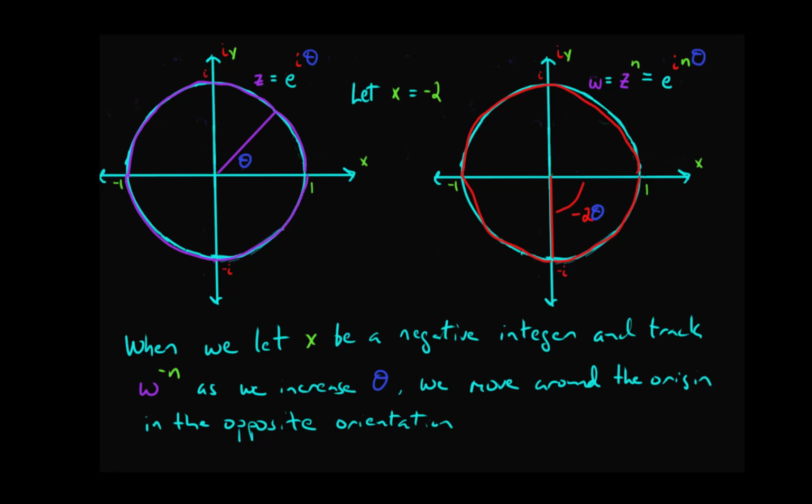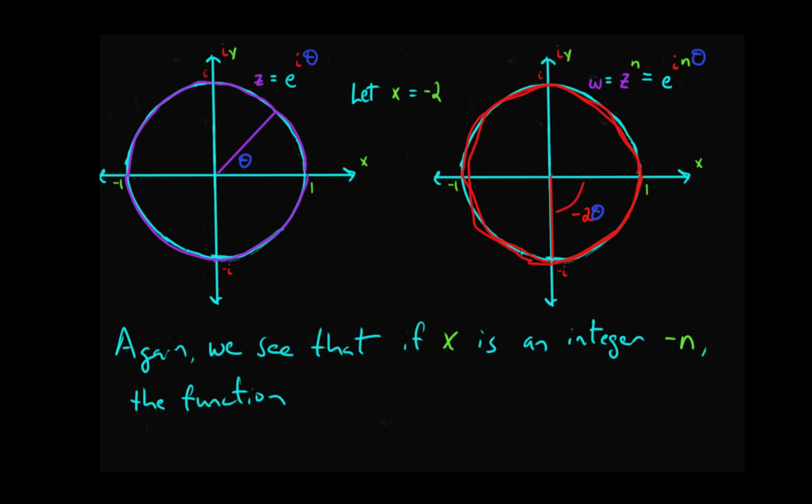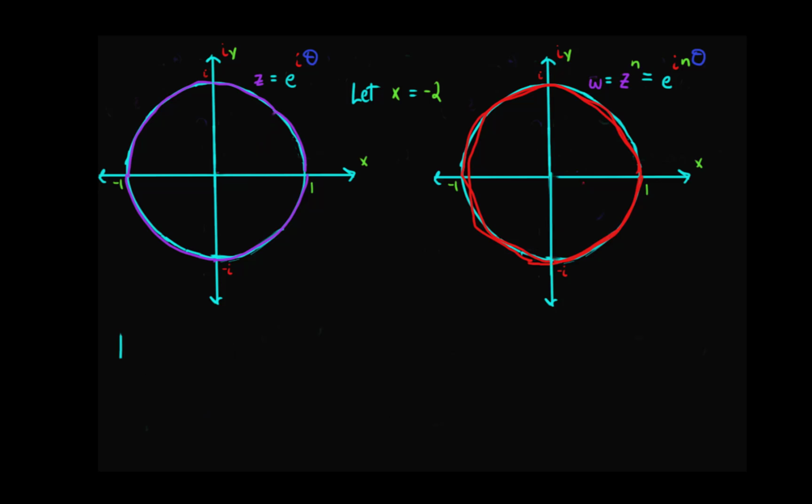And if I go the full 2 pi radians around the circle in the domain, then I have to go around negative 4 pi radians, twice around the circle in the negative direction in the range. So again, if we circle the origin once in the domain, we circle it twice in the range. And we see that if x is an integer, negative n, then the function w equals z to the negative n is an n-to-1 function.